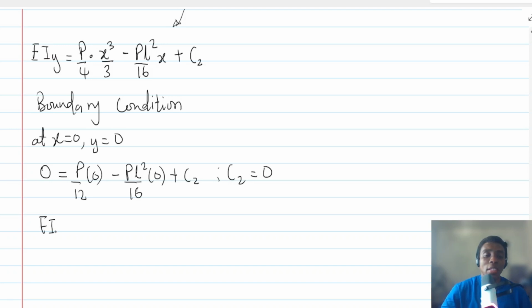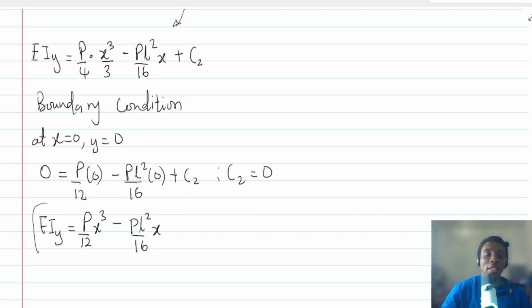We'll go forward and say that EI y equals P over 12, which is 4 multiplied by 3, x cubed, minus PL squared over 16 x, and then plus C2, but the C2 we said is 0.